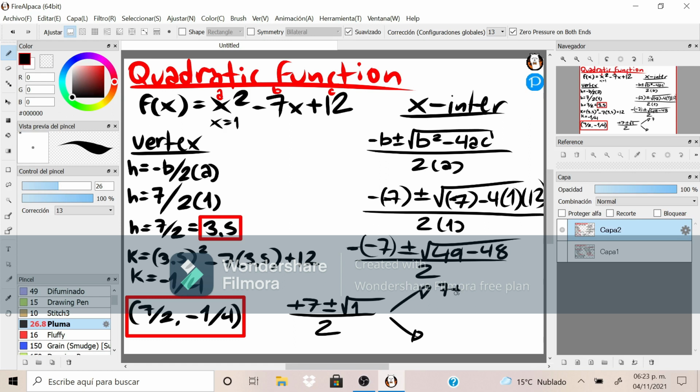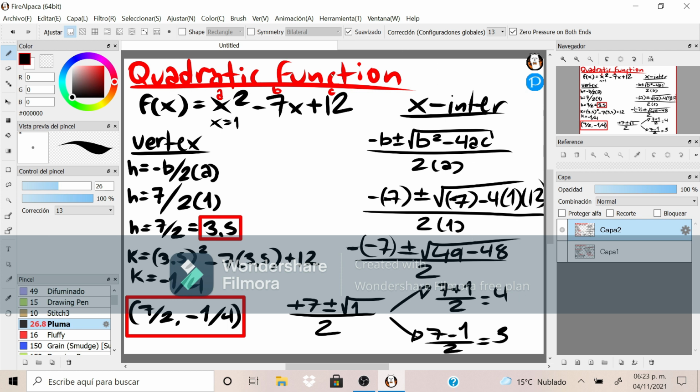Anyways, 7 plus 1 divided by 2, and then 7 minus 1 divided by 2, which would give us 4 and 3. Good job! We already have the x-intercept.